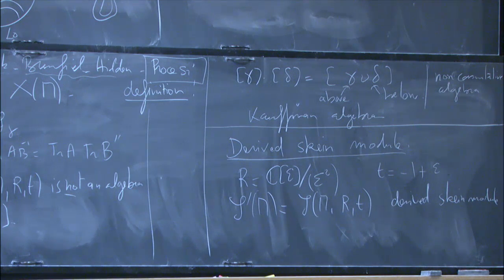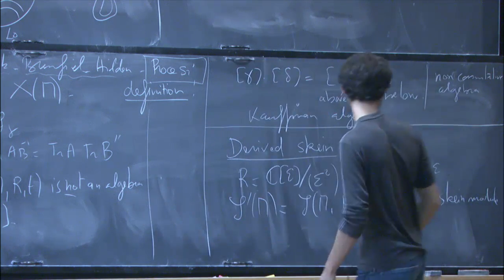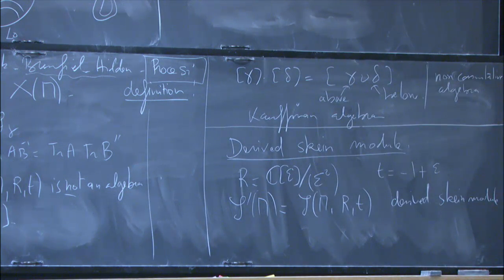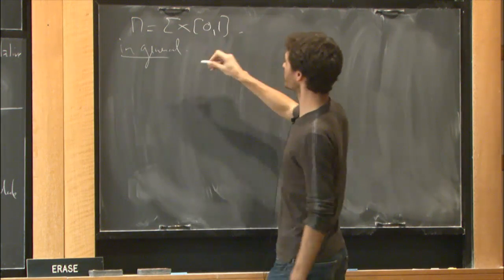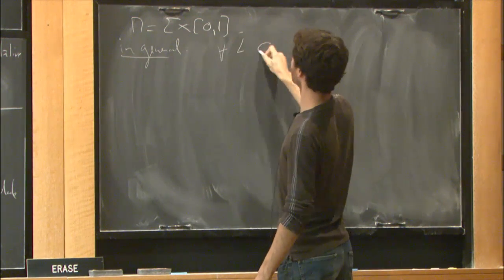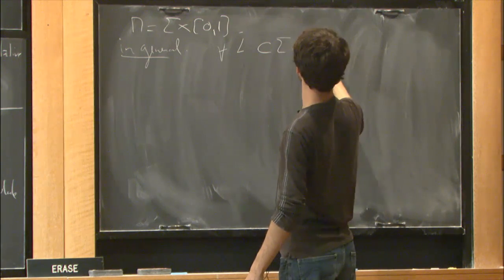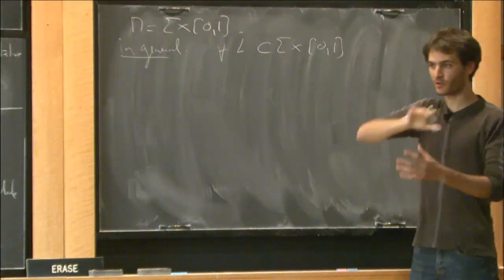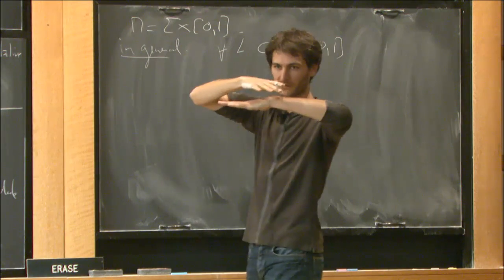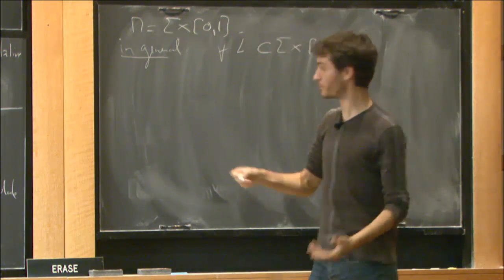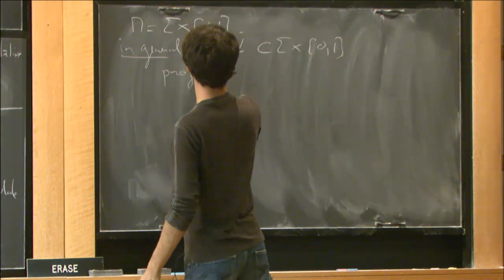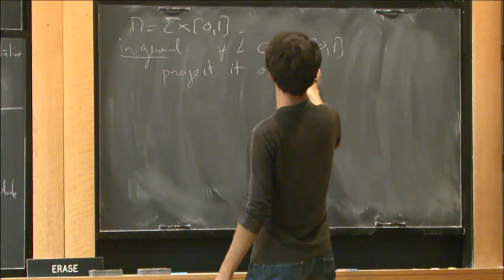So, I forgot to say something about this Kauffman algebra. In general, there is a very simple construction. If you have any link L inside sigma cross [0,1], you have a very complicated link inside a thickened surface. You can project it down. You can suppose that it has a nice diagram. So project it on sigma.